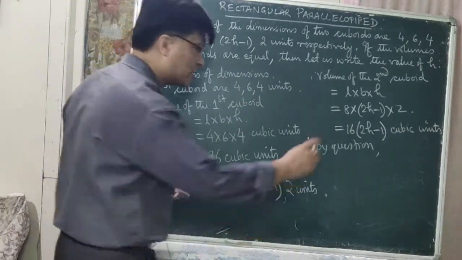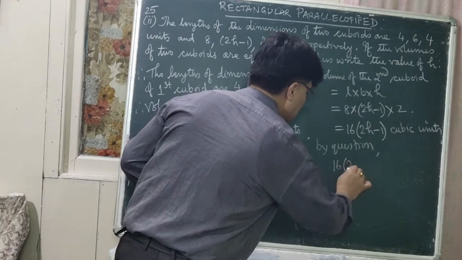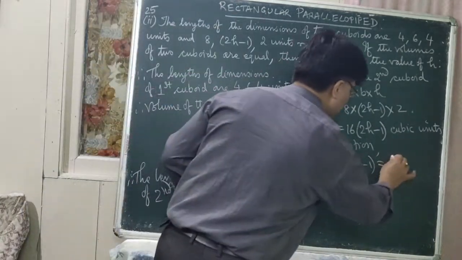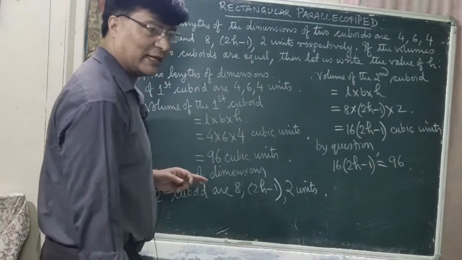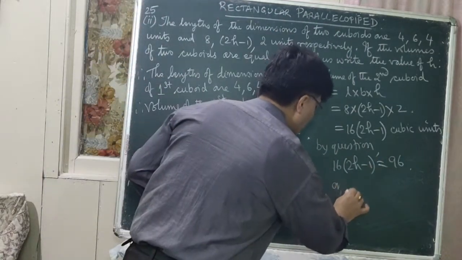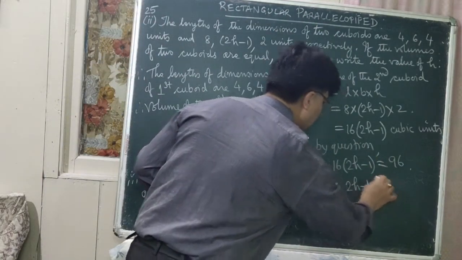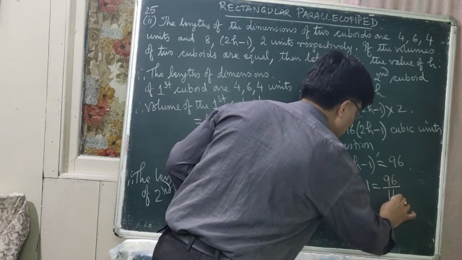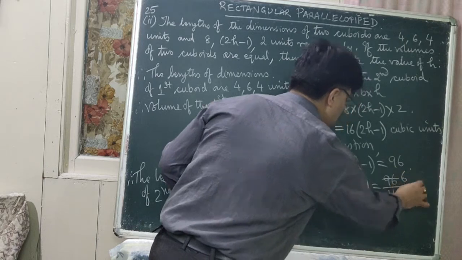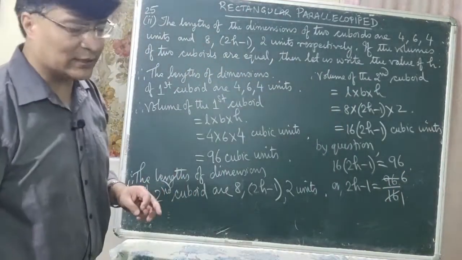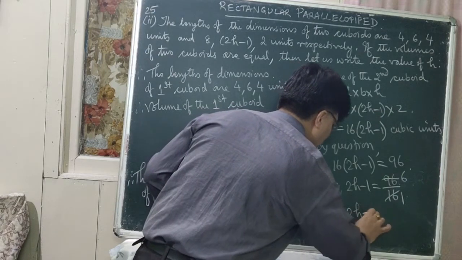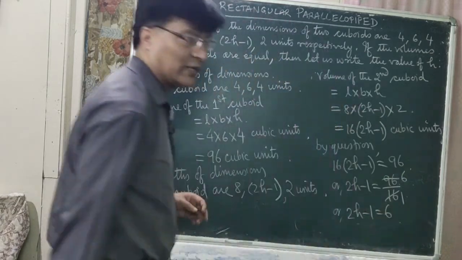That means 16 into 2h minus 1 is equal to 96. Let us solve it to get the value for h. So 2h minus 1 is equal to 96 divided by 16. 16 1s are 16, 16 6s are 96. You know that, isn't it? So 2h minus 1 is equal to 6.